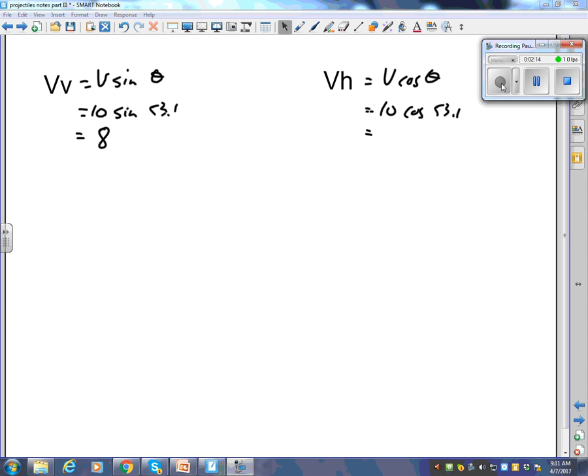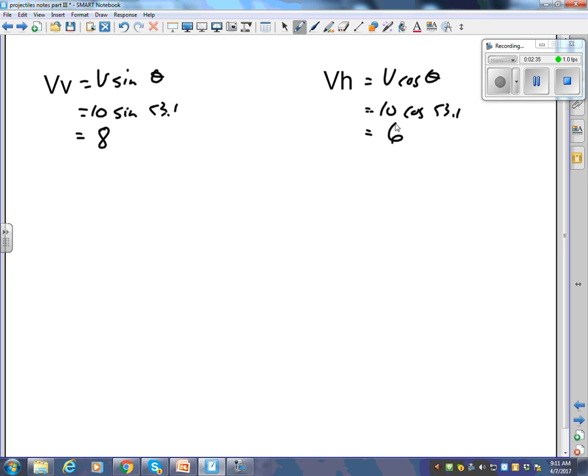All right, so I picked 53.1 because when you go 10 sine 53.1, you get 8. And when you go 10 times the cos of 53.1, I think you get 6. Am I right? I am. So nice, even integer values for the components.